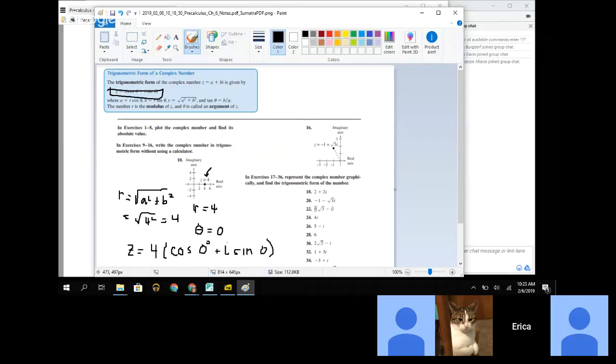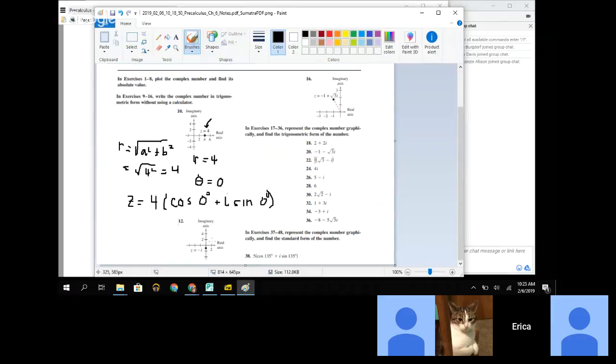Now let's think about what this means. On the unit circle, the cosine of 0 degrees is 1, and the sine of 0 degrees is 0, so 0i. If you multiply this out, you get z equals 4.